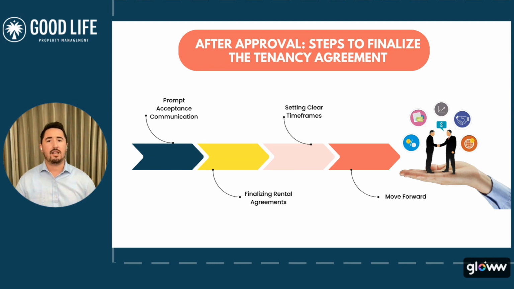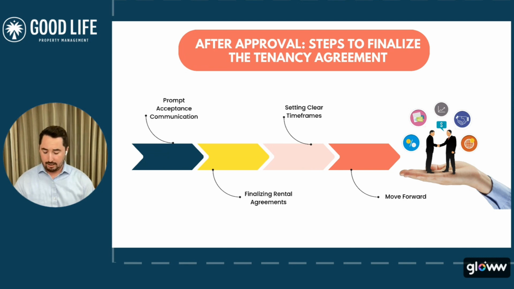You're also going to want to finalize the terms and conditions of the rental agreement. There's a couple of ways you could do that. What I would probably recommend is while you are accepting the prospective renter, send them an email letting them know they've been accepted and finalize all of the terms and conditions of the rental agreement in that email.